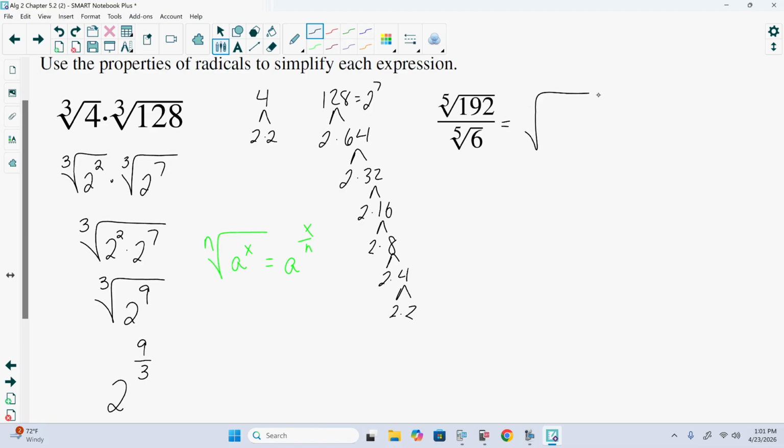And since they divide evenly, might as well merge them and then divide 192 by 6. And it gives us 32. So there's a good chance that's going to be 2 to the 5th. And the 5th root of 2 to the 5th would be 2.